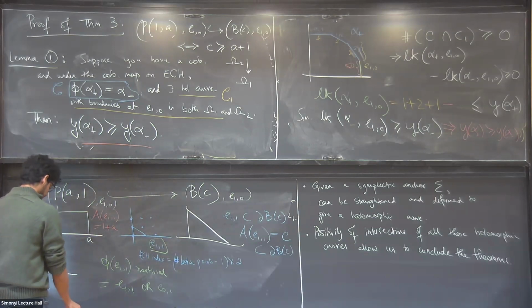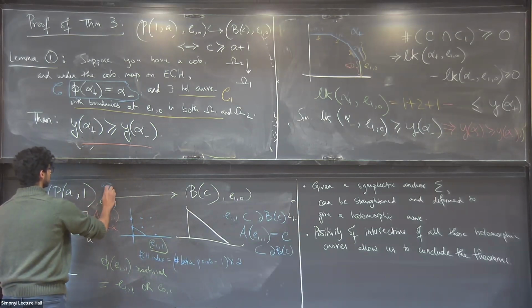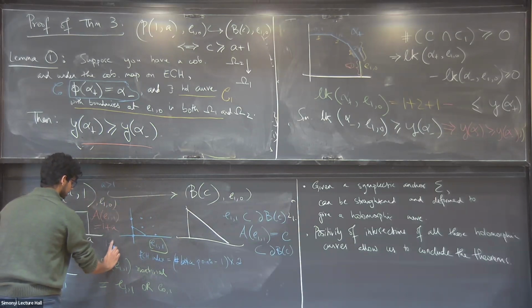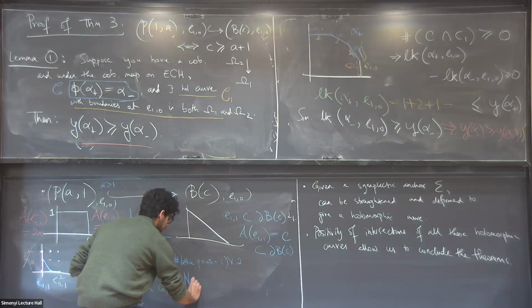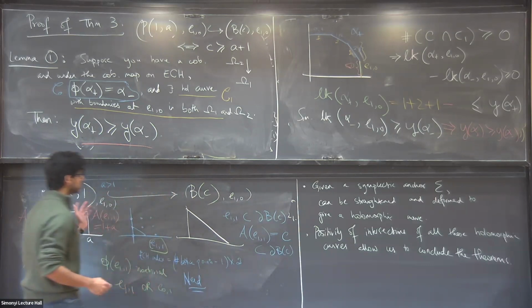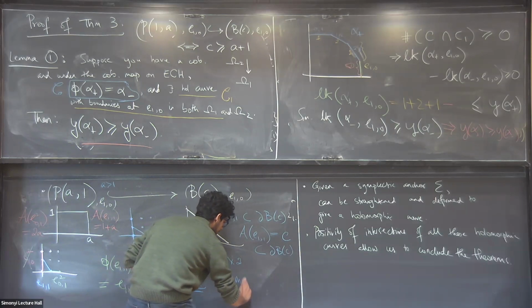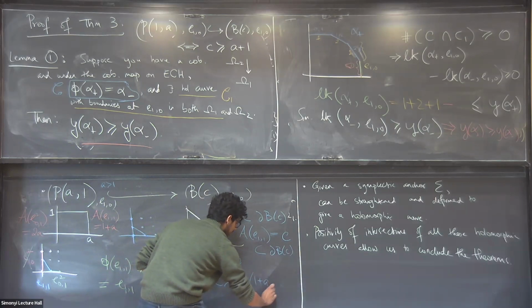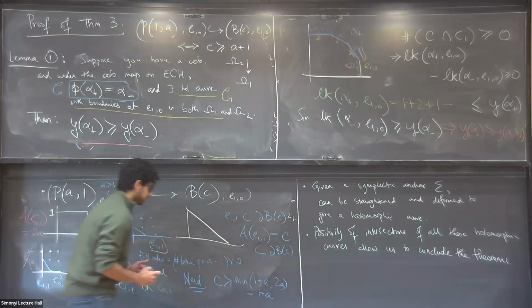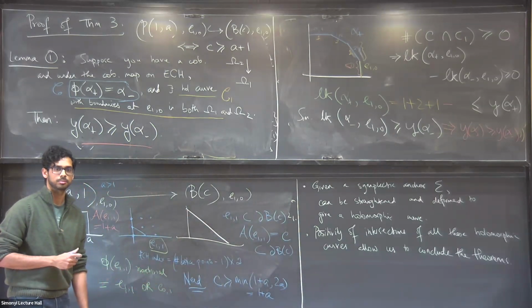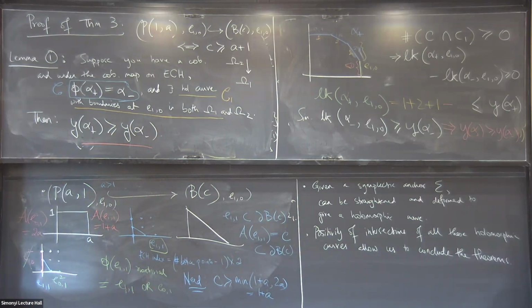An assumption was A is bigger than 1, so for this anchored embedding to be true, we need that C is bigger than or equal to the minimum of 1 plus A and 2A, which is 1 plus A. So this proves C has to be bigger than or equal to 1 plus A.